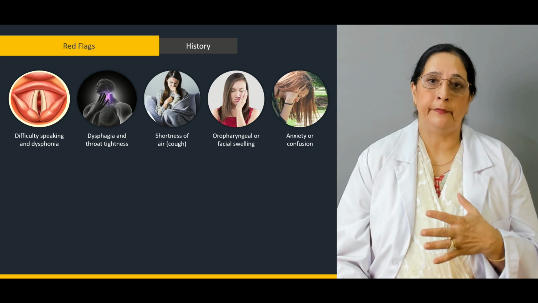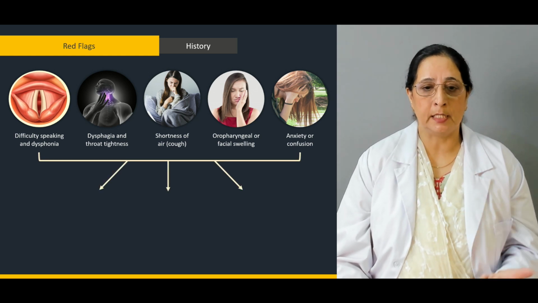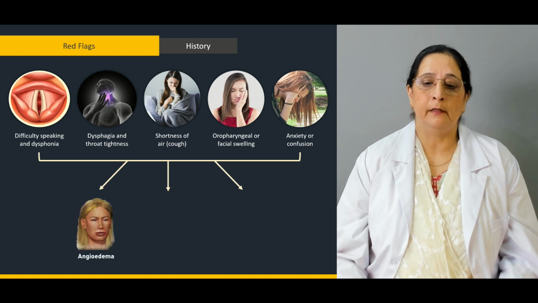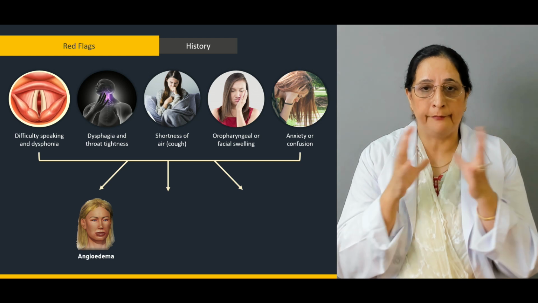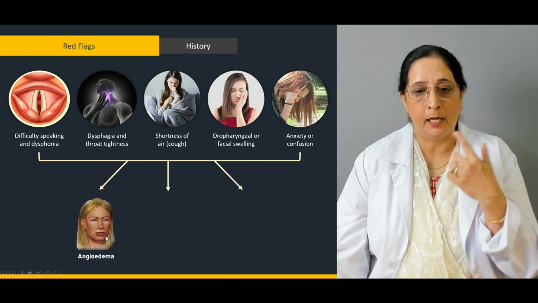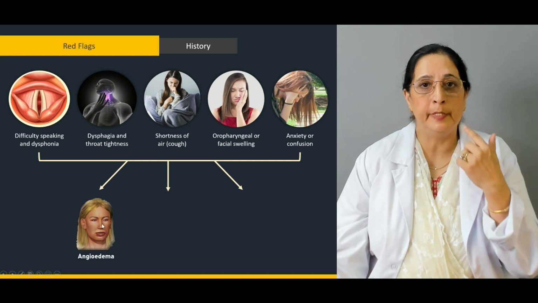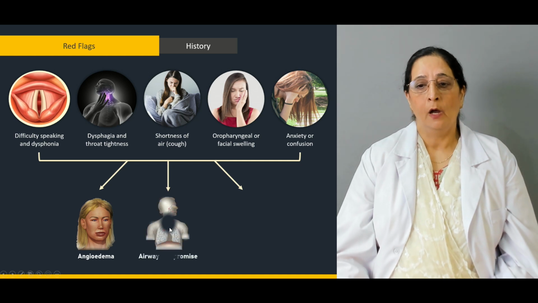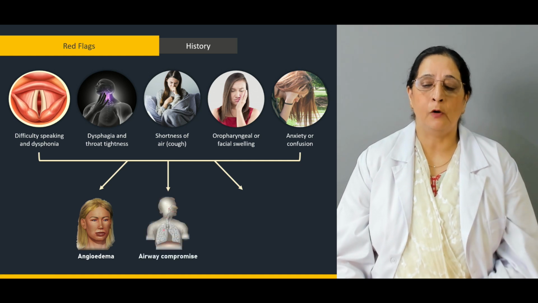And all these different changes are suggestive of either angioedema, in which there is swelling on the face. You can see there is swelling of the lips, around the mouth, periorbital region. So it might be due to angioedema or airway compromise.